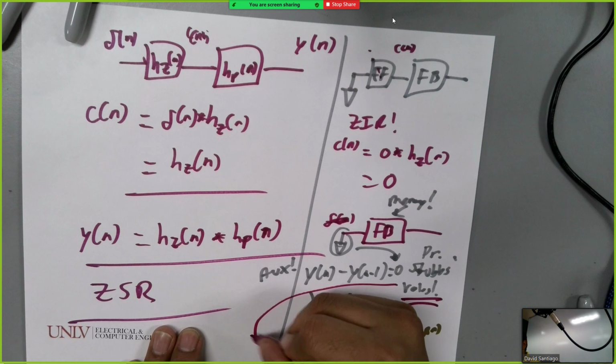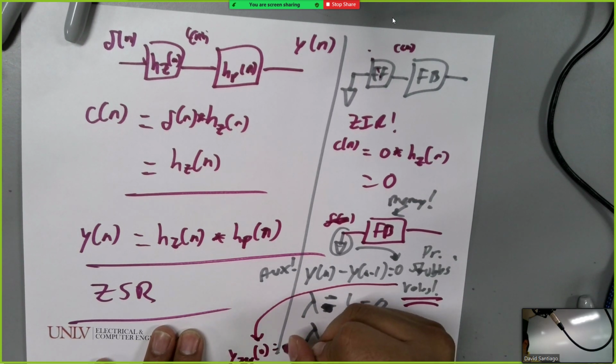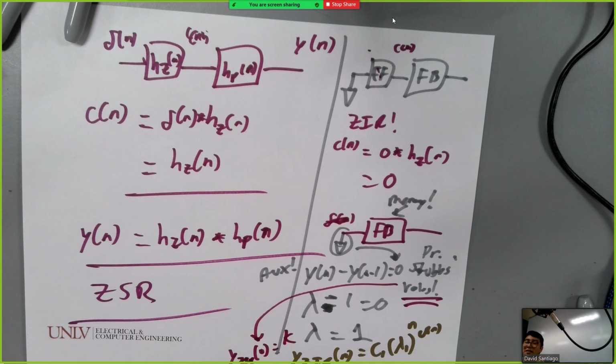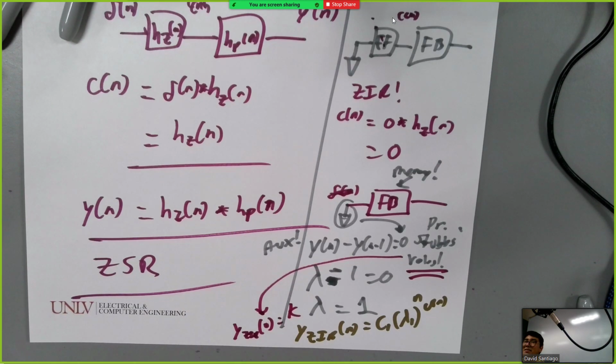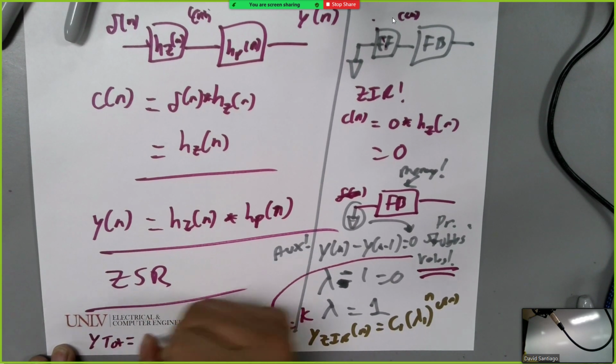Where this could be y ZIR of 0 is equal to, I don't know, k. Something like that. Easy, right? And then total response is just y, what do you call it?